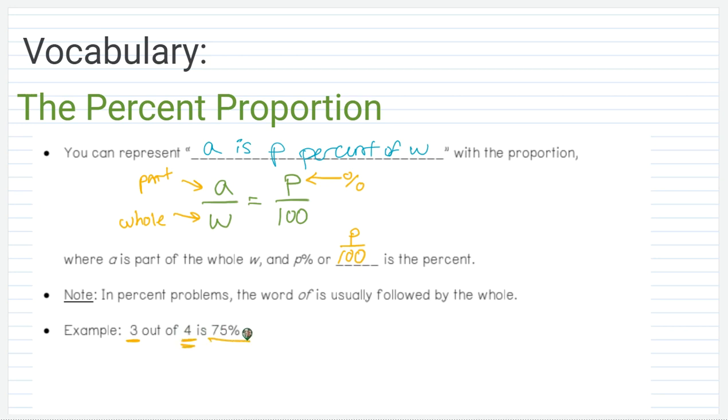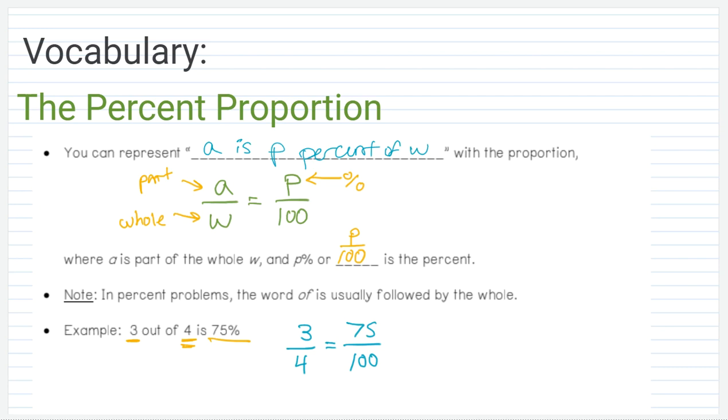So if I were to just quickly write it as a proportion, we would say 3 out of 4, that's the same as 75 out of 100, which we know to be true because 75 hundredths is the same as the fraction 3/4. So percent proportion, really great way of setting up these percent problems. And then to solve a proportion, we would use cross products. So again, a really nice strategy for solving these percent problems.